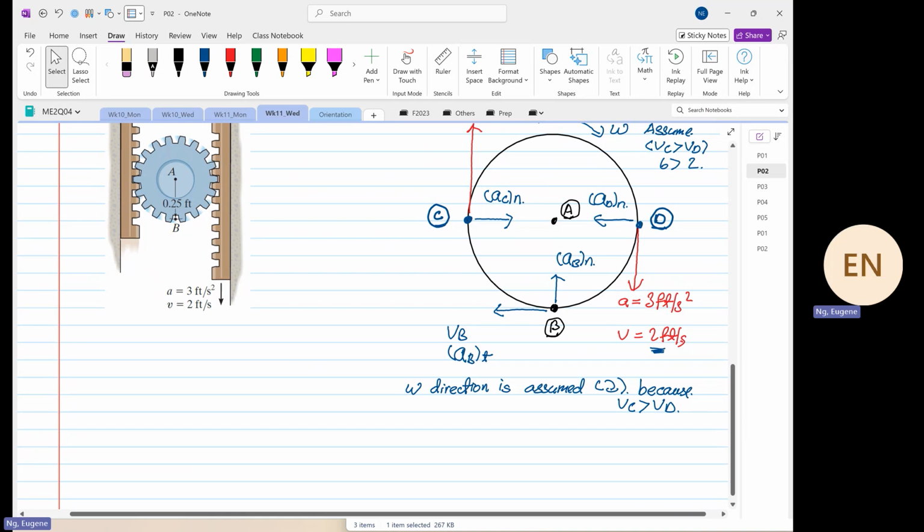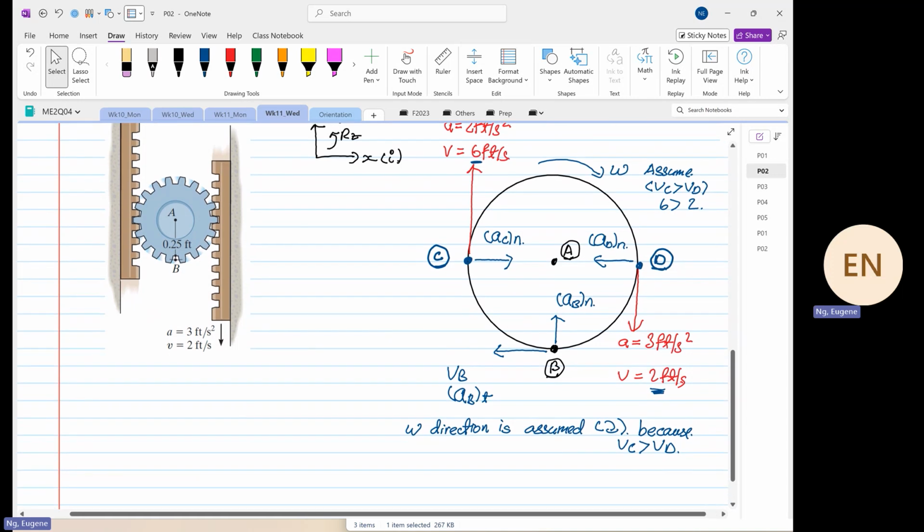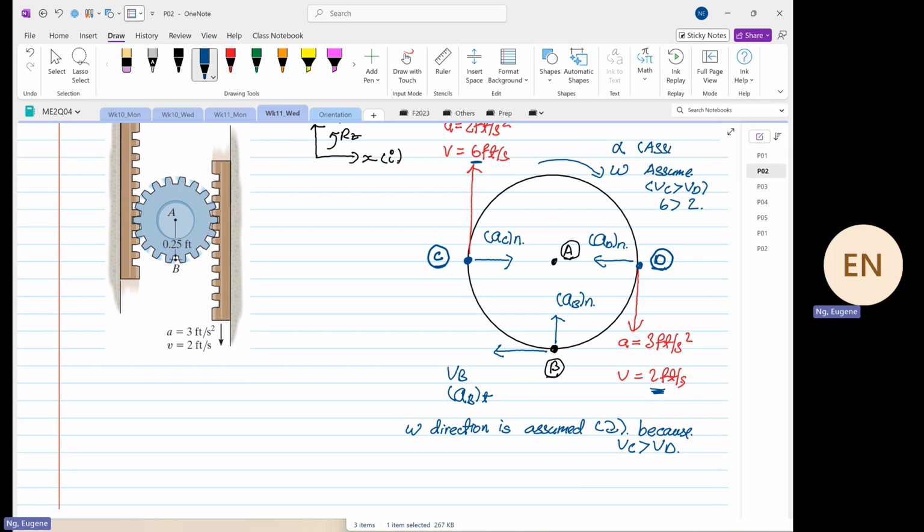So the formula that we're going to use first, and again, we're going to assume alpha, not omega, alpha going in that direction. Now, over here, the alpha going in that direction is really assumed.